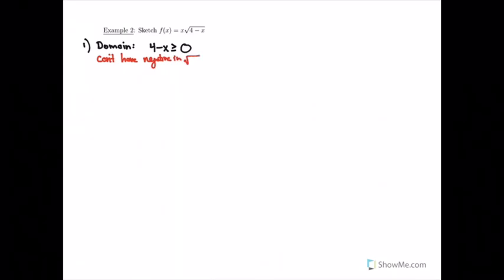So solving this little equation, we get 4 is greater than or equal to x, or we can write that as x is less than or equal to 4. Here is our domain. We could write that as negative infinity to 4, with a bracket.